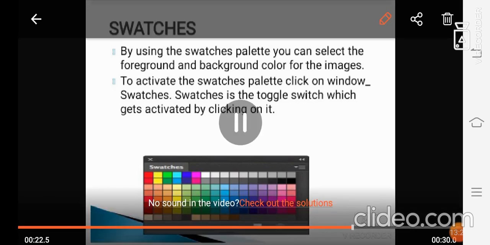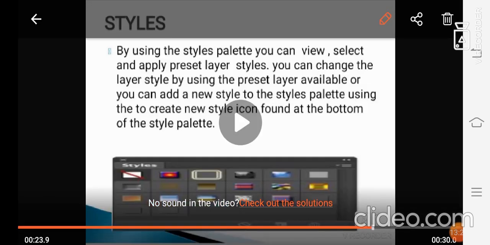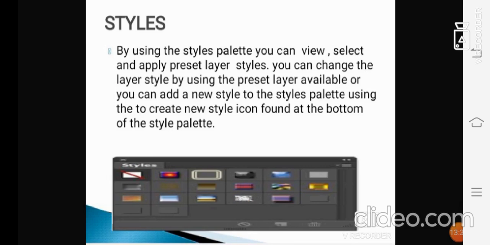Okay, next, styles. What are the styles that you have to use for your images? By using the styles palette, you can view and select and apply preset layer styles.